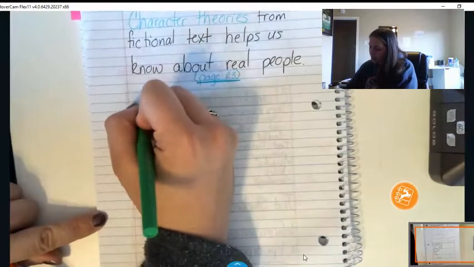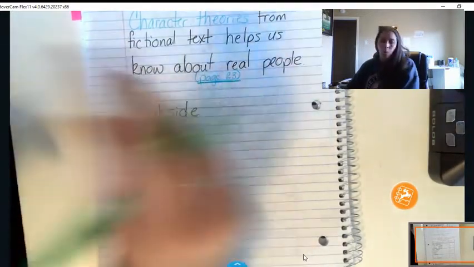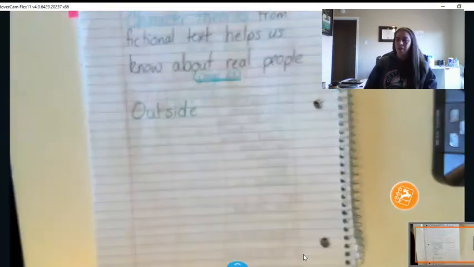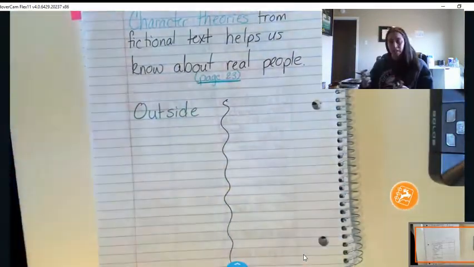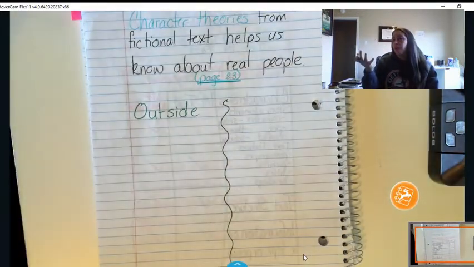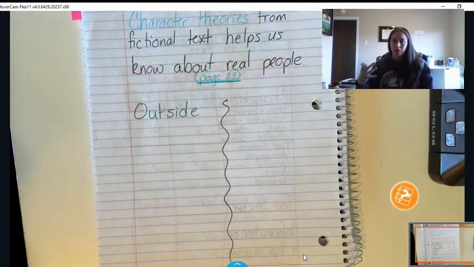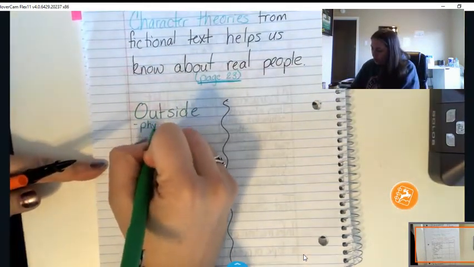Now, the first section of character traits are the outside character traits. What can you visibly see about that person or that character? Maybe you can't actually see the character because they are in a book. However, you can think about how the author describes that character to you. And we would include these as physical traits.